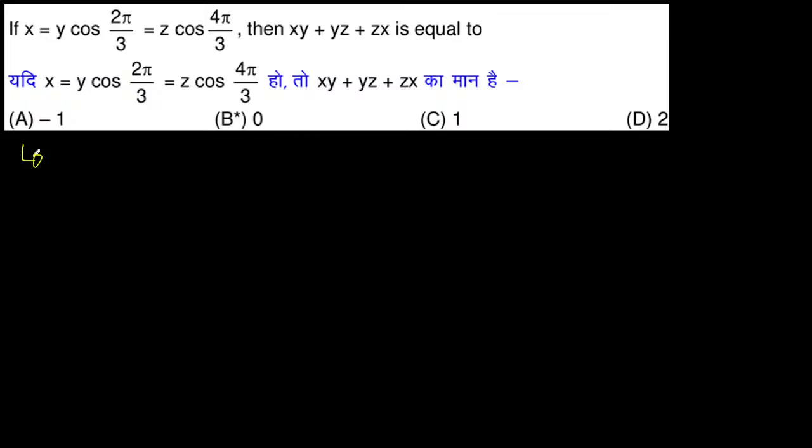Now we are going with this. X equal to y cos 2 pi by 3 equal to z. So can we write this as x equal to y cos 120 degree, z cos pi plus pi by 3?